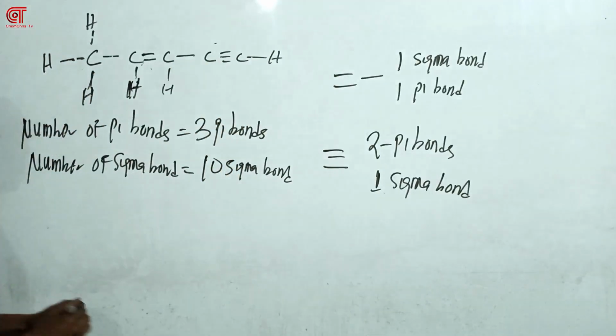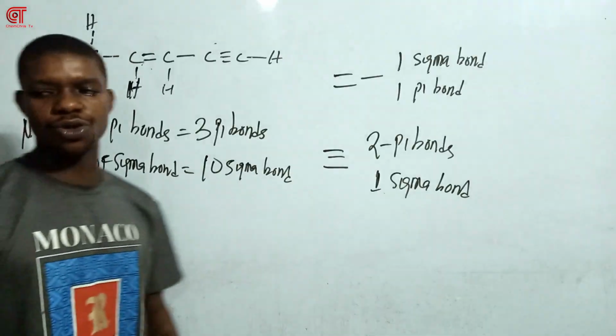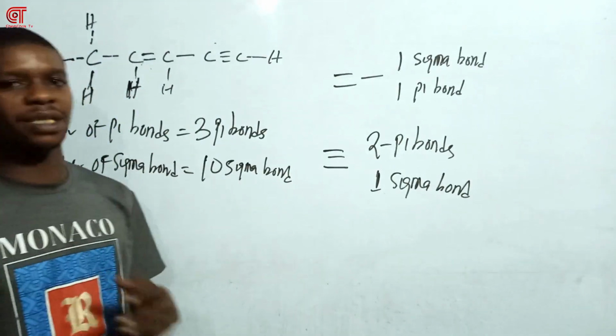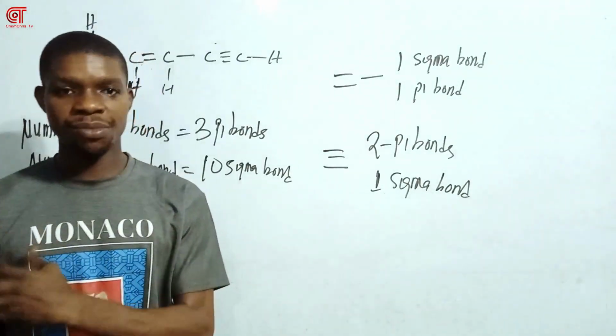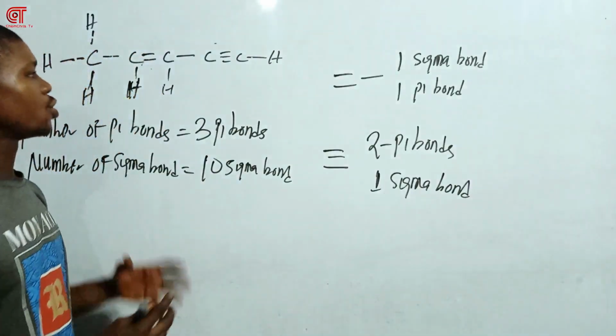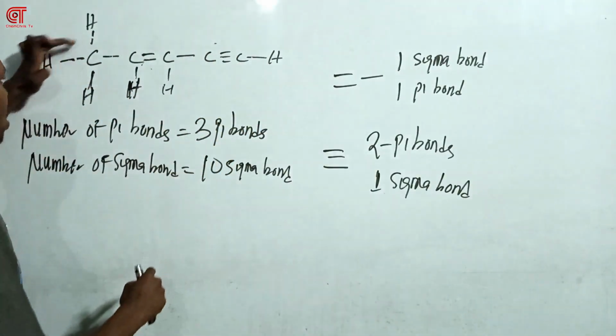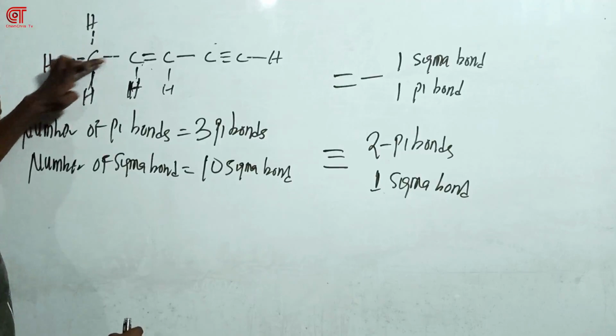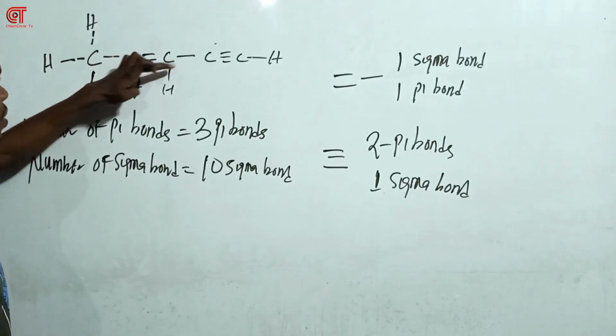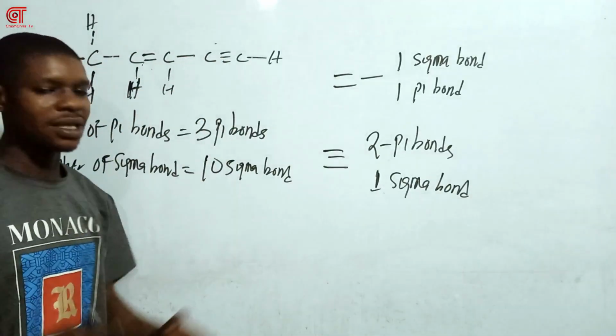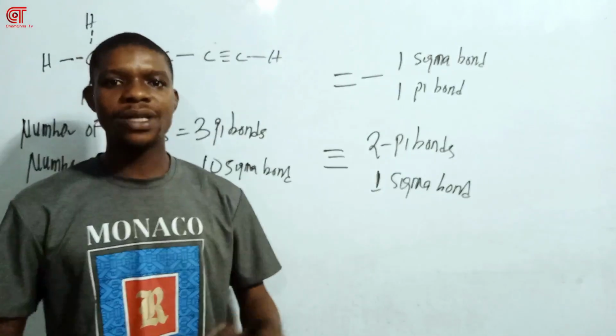Sorry, I made a mistake. 10 sigma bonds. So when you're calculating the number of pi bonds and sigma bonds, you need to be extremely careful so that you do not make mistakes.